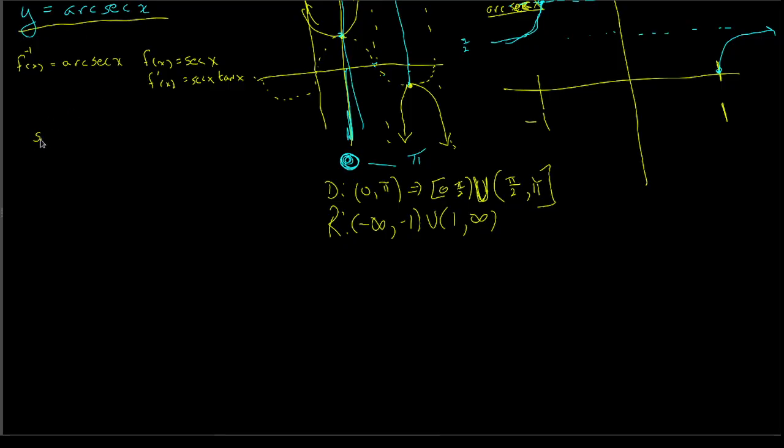It's going to say that the secant of y is equal to x. That's the reverse definition of this. All right, if I apply the secant of y to both sides, the inverse functions cancel each other out, and we get this. Then we'll take the derivative in terms of x on both sides.